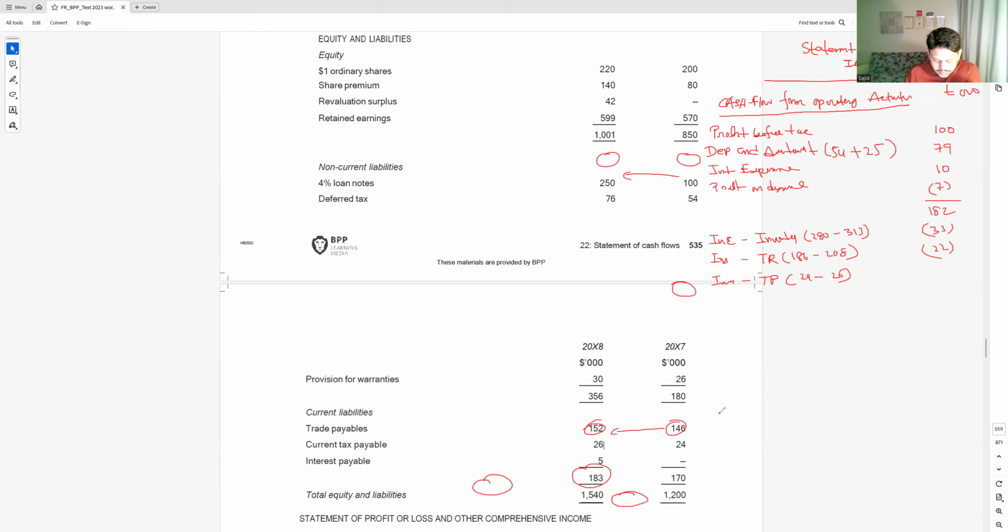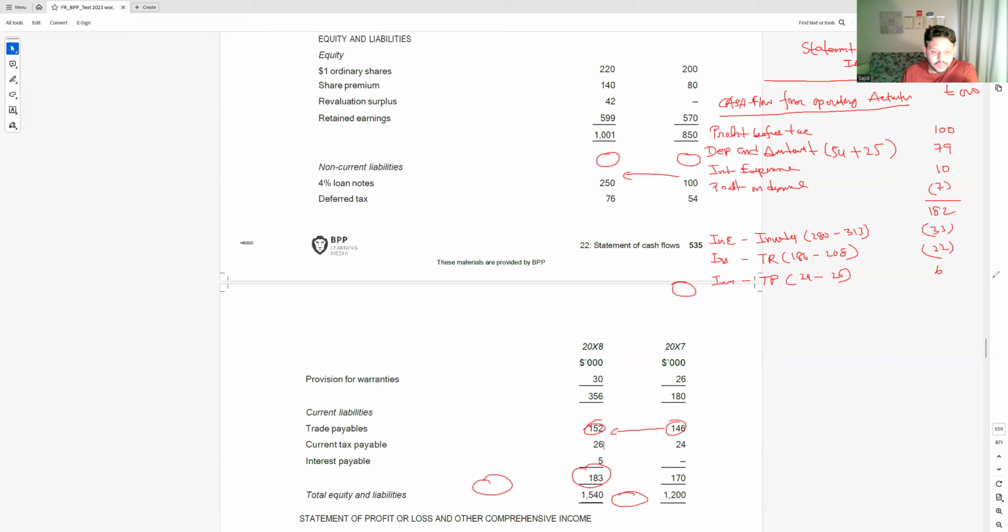So the same story. 152 minus 146. 6. So that means this 6 will be plus because it's a trade payable and it is good for me because I am taking more time to pay my supplier now. If it is decrease is bad, if I pay quickly to my supplier, it's not good.